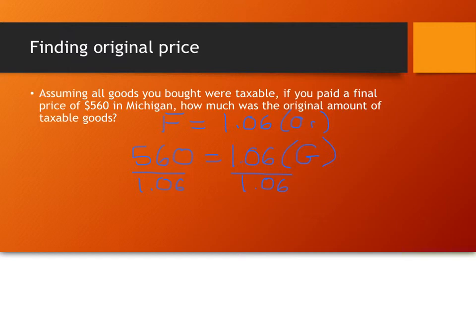So what we're going to say is that the original price, what I call G, is $528.30. And for this question, that's all you have to do, is give me the final monetary amount of $528.30.